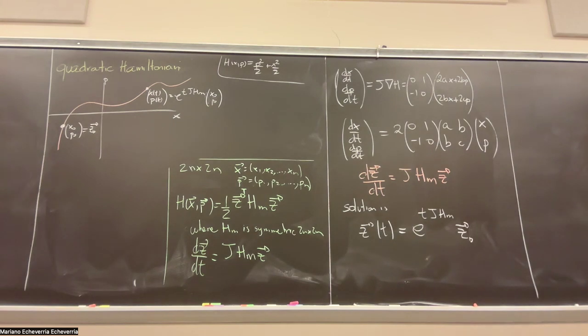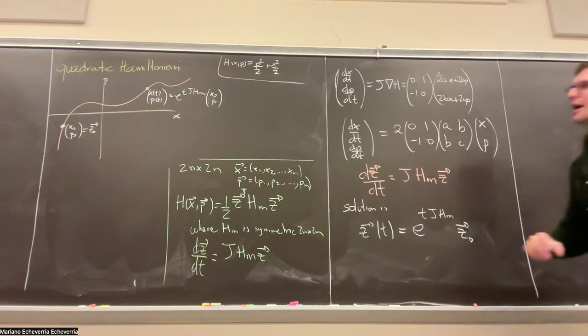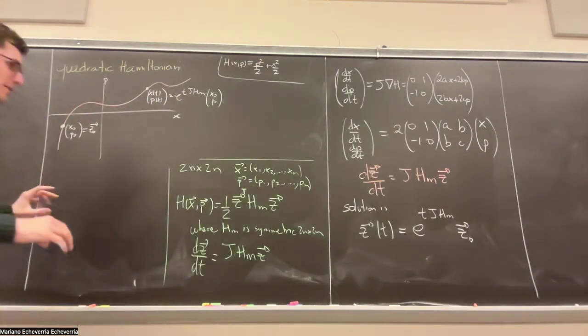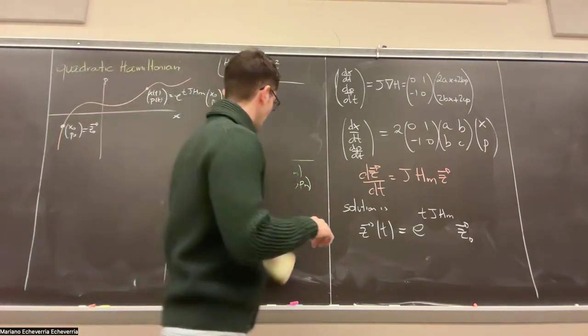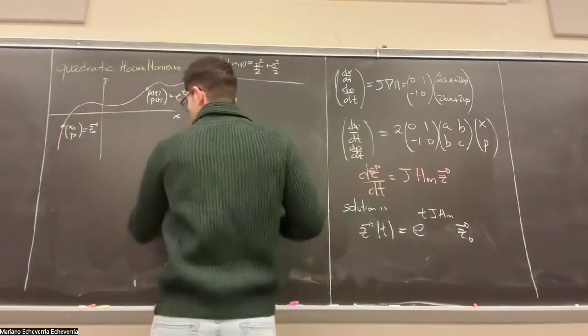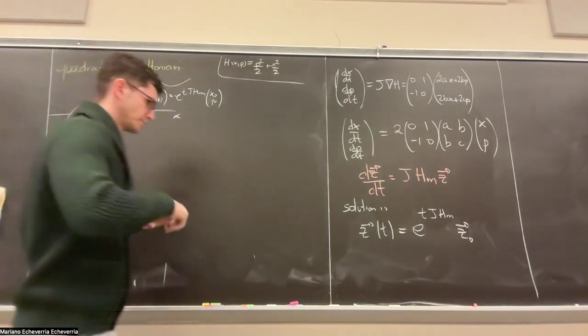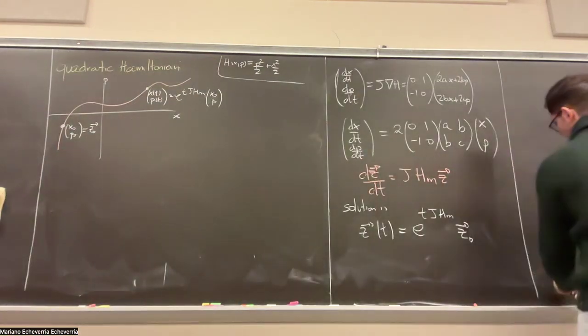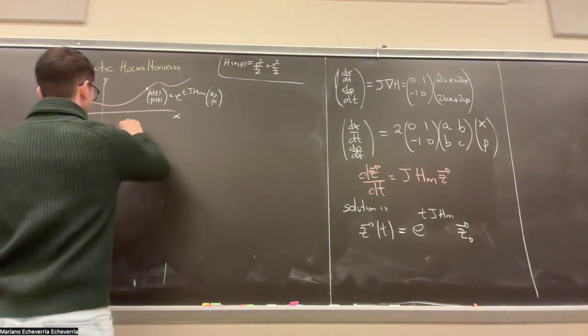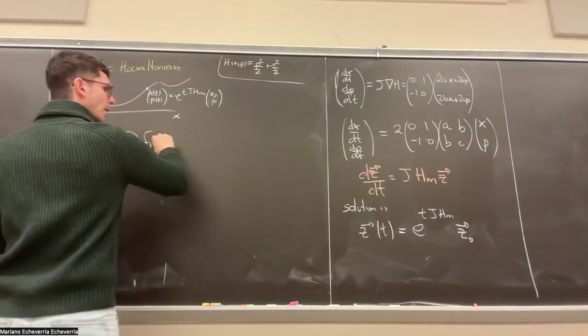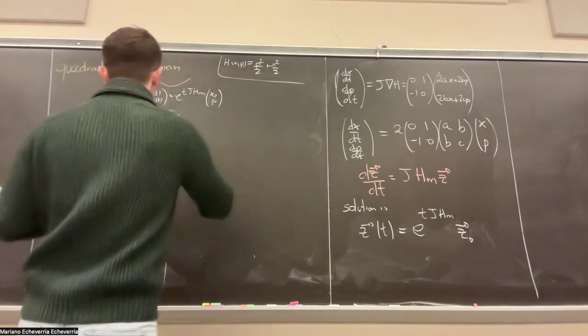Now the cool thing is that this exponential matrix happens to be a symplectic matrix. So that's what's fun here, because what this means is that, let me write it down. So if you define S of t.